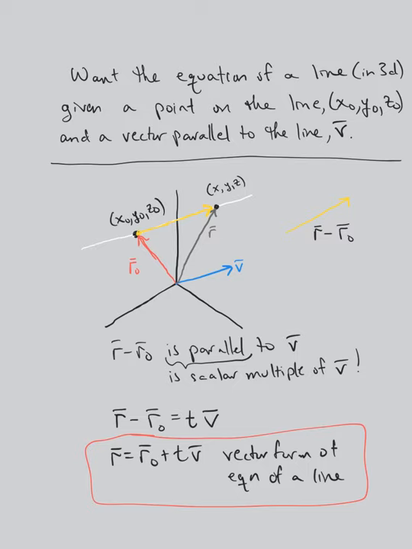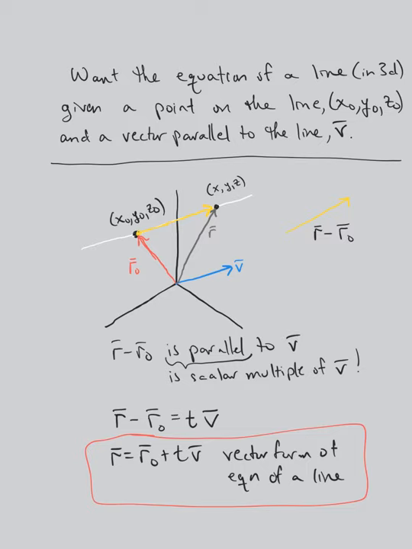One other thing, since we were talking about it. Make sure you realize whenever you plug in positive values of t, you generate points from r naught that are in the direction of v. So this side of the line is obtained from using positive values of t.